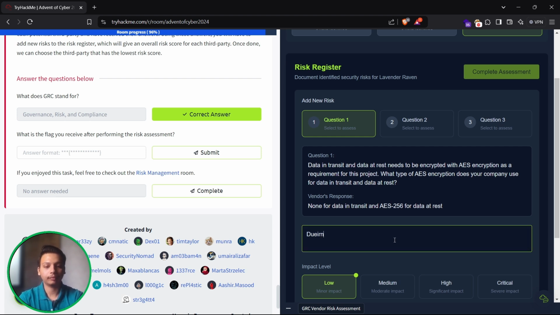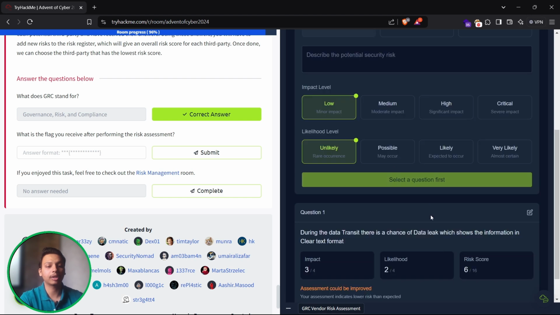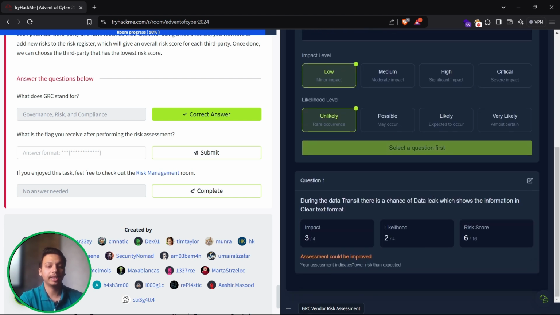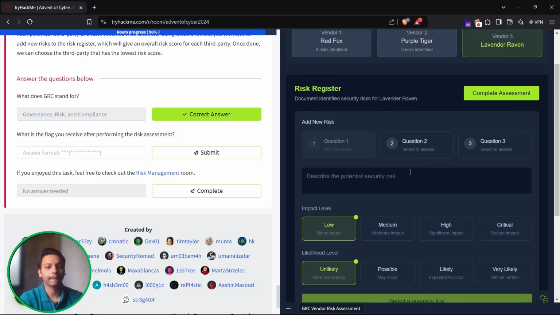So during the data transit, there is a chance of a data leak which shows the information in clear text format, right? So over here there is a significant impact and it may occur. Your assessment indicates lower risk than expected, so it is expected to occur.